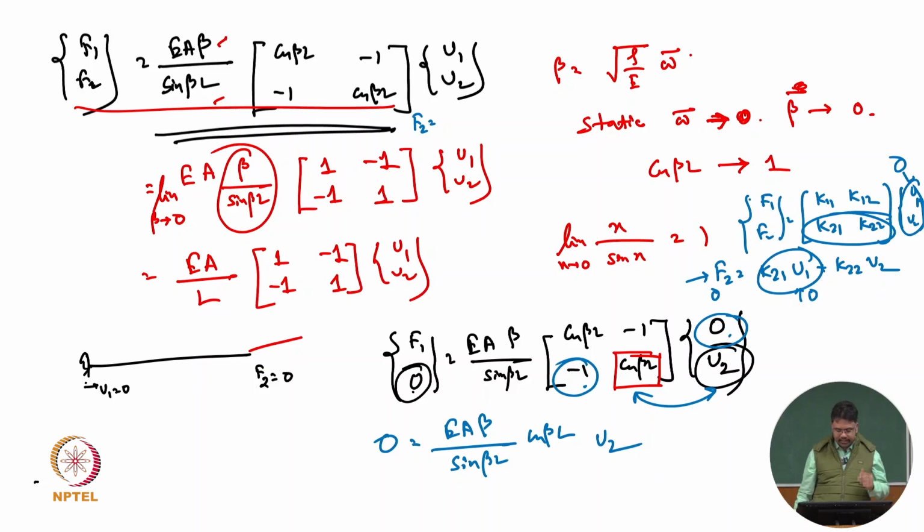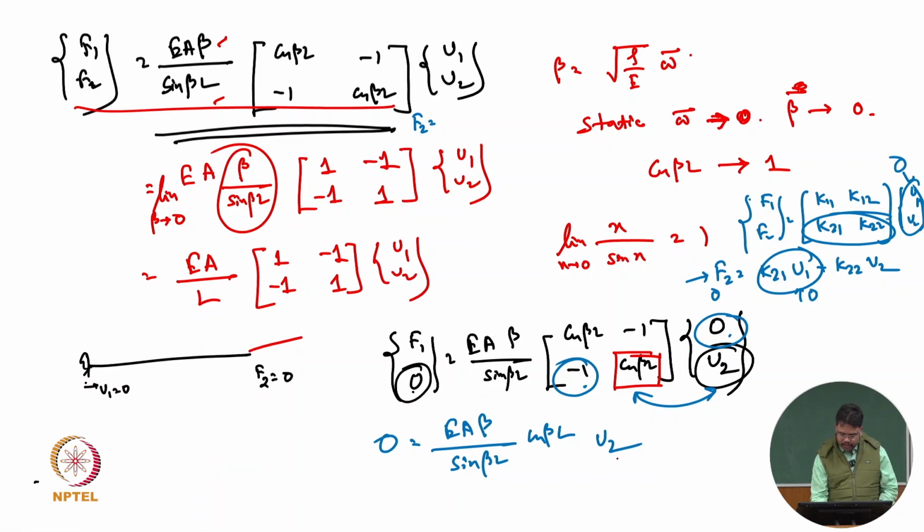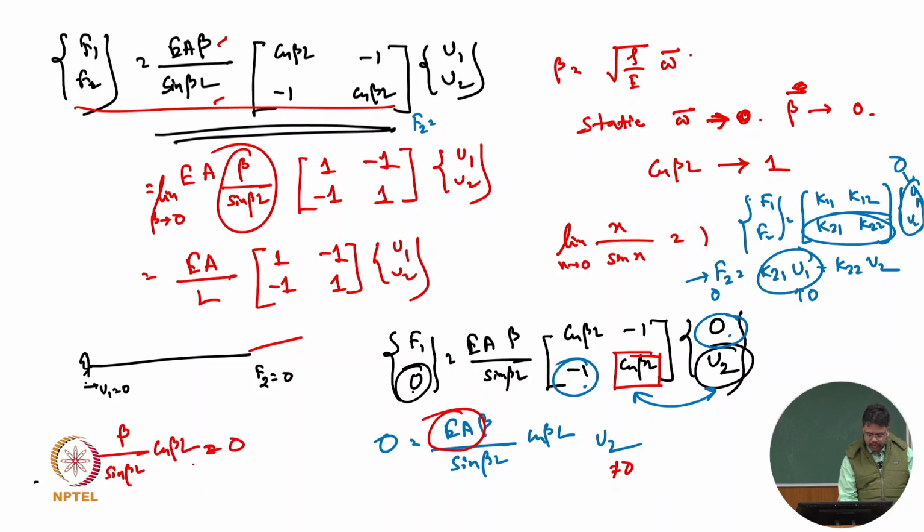Now, what can be 0 and what cannot be 0? U2 cannot be 0. EA cannot be 0. So we are left with beta divided by sine beta L into cos beta L equal to 0.